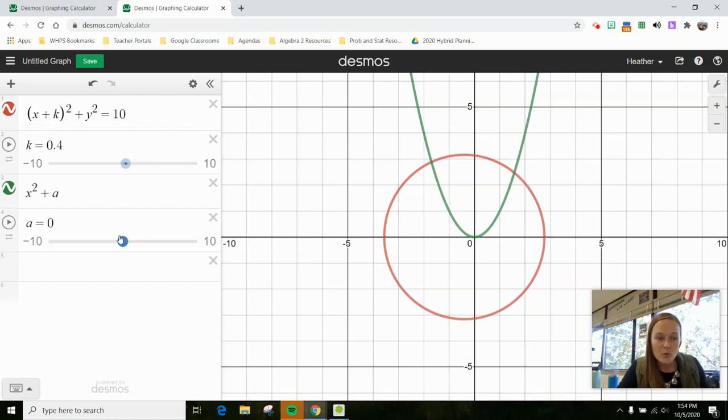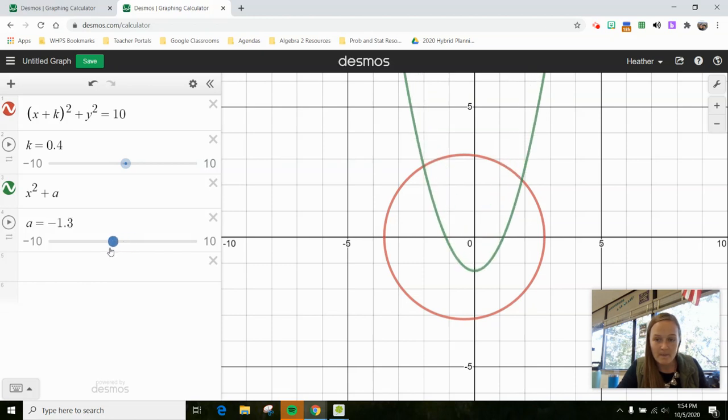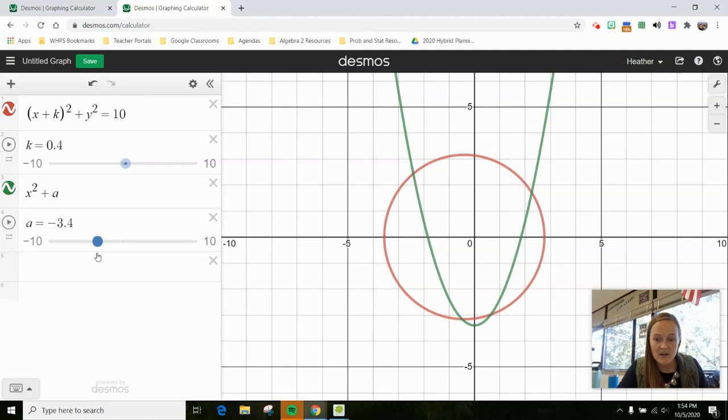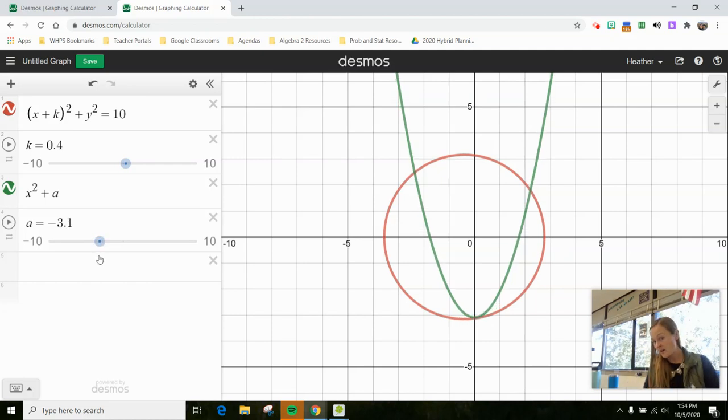Now, if I move my parabola down, notice I can also make it so that there are three solutions. So there's the fourth option, three solutions. That one's kind of awkward to draw.